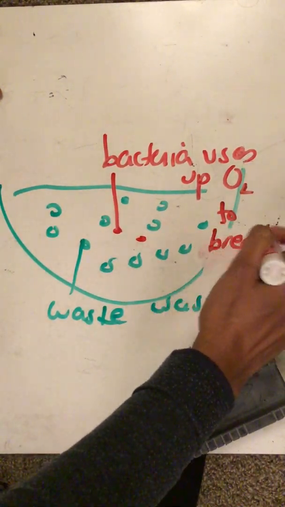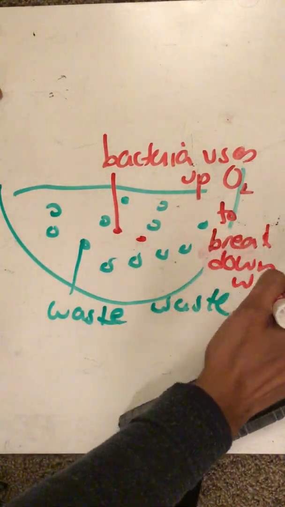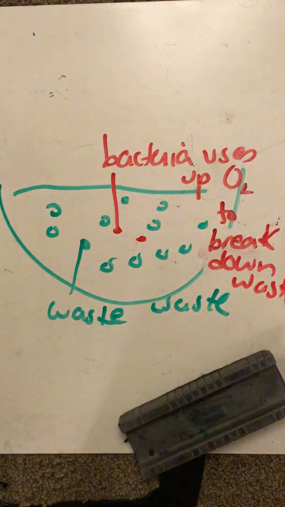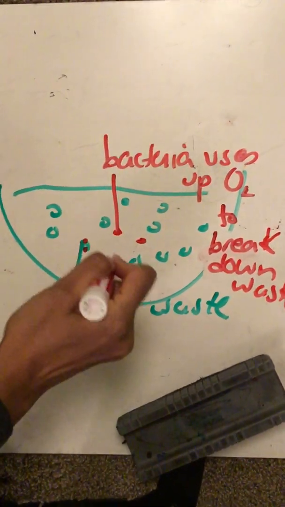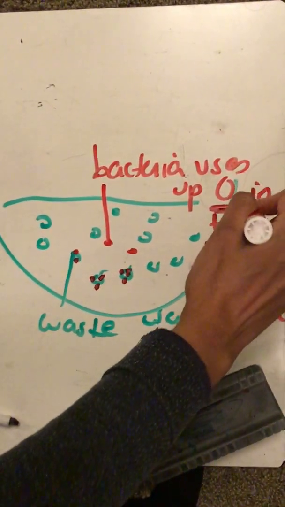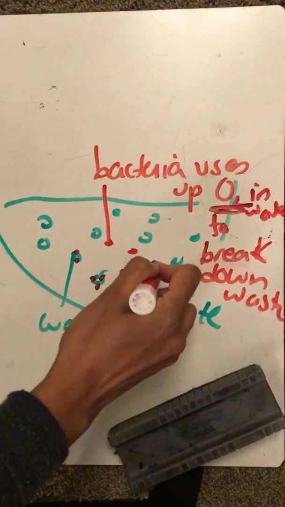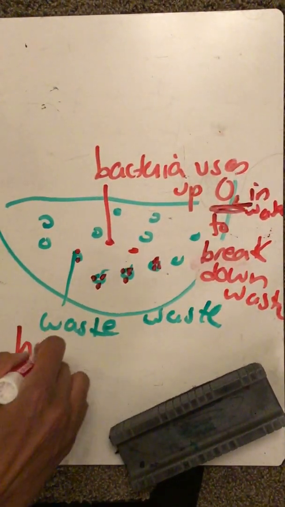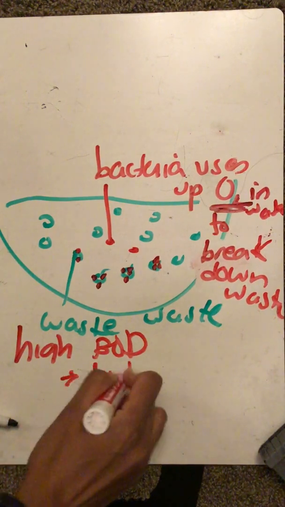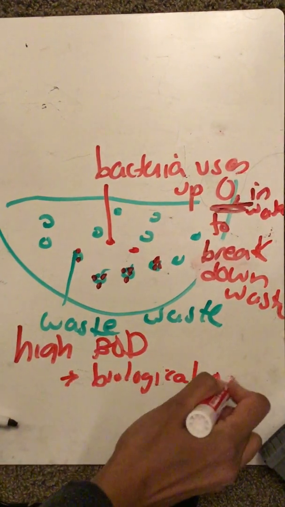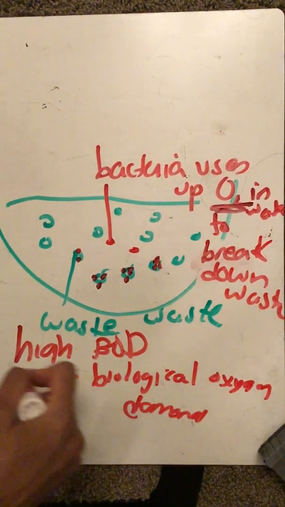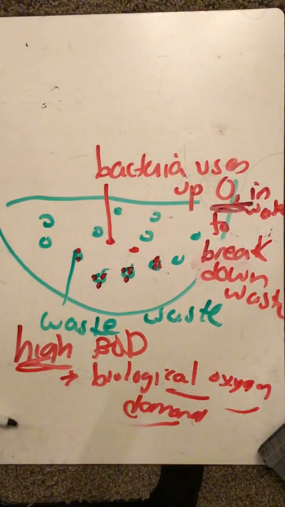So here is this waste, here's this bacteria. The bacteria is breaking down this waste, and they're using up all the oxygen in the water to break down this waste, okay? So that means you have a high BOD. That means you have a high biological oxygen demand. That means that these bacteria have a high demand for oxygen.